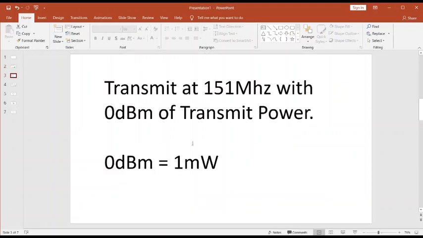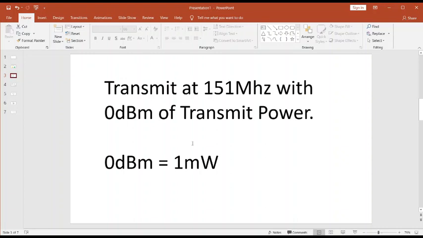And we will be transmitting at a center frequency of 151 megahertz with a whopping 0 dBm of transmit power. Now, for those of you that don't know, 0 dBm is basically 1 milliwatt. So, a quick review. A dBm is a log of milliwatts.